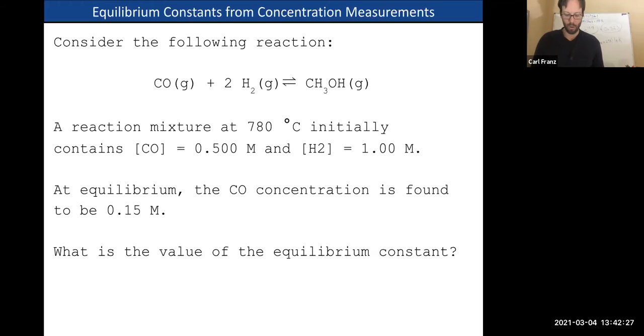Does anybody know what we would do to set this problem up? All right, I'm going to give you a hint. Anybody get it yet? No, still? An ice table.